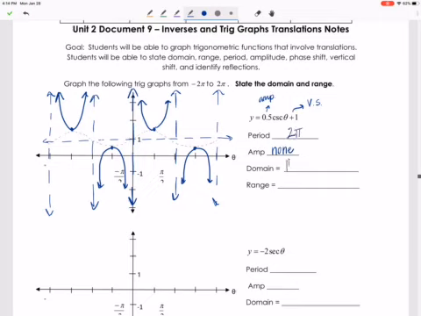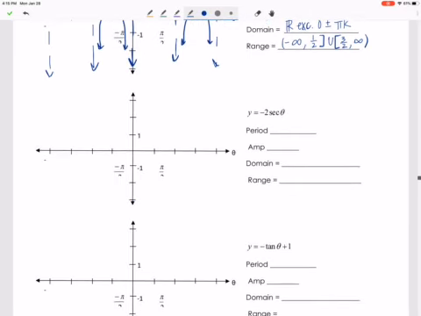Our domain here would be all real numbers except 0, plus or minus pi k. And my range is negative infinity up to positive 1/2, and then picks back up on the other side at 1/2. You can say 1.5 or 3/2, decimals are okay, to positive infinity.